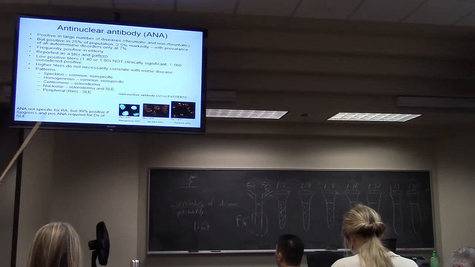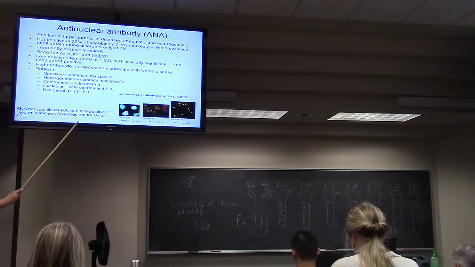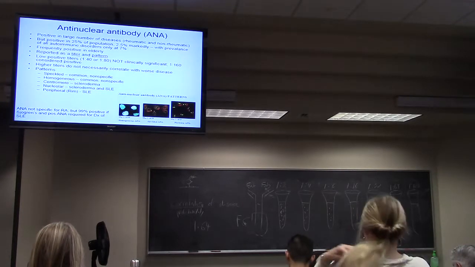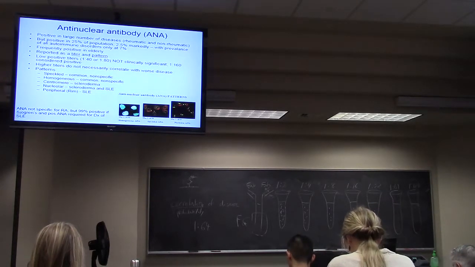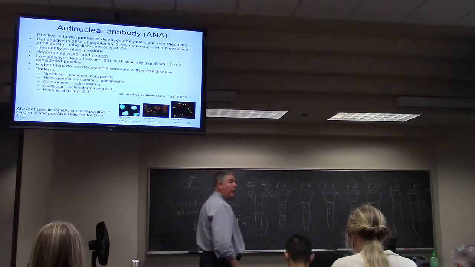Right here, ANA is not specific for RA. You don't even use an ANA in the diagnosis of RA. It's not helpful, at least it's not for me. I use CCP and RF. Okay? But it's 99% positive if it's Sjogren. And if you're going to make the diagnosis of SLE or lupus, you have to have a positive ANA.